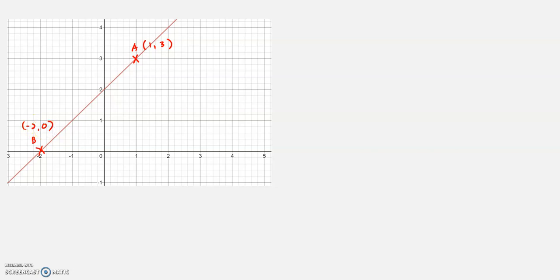If I were to calculate the gradient of AB using my lower secondary knowledge of rise over run, I can see that my rise is 3 units, over my run. It has run 1 unit, 2 units, 3 units, over 3. And because the slope is increasing, you get a positive, so the gradient of AB equals 1.